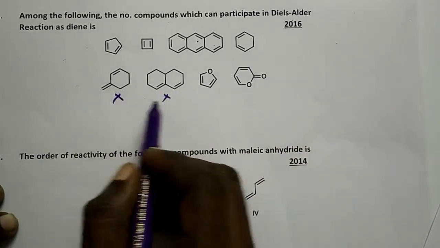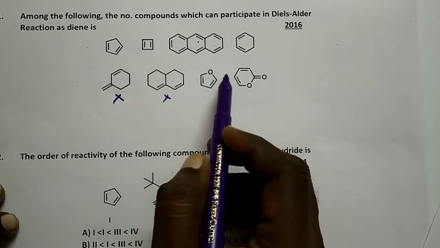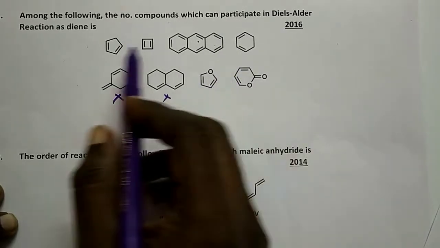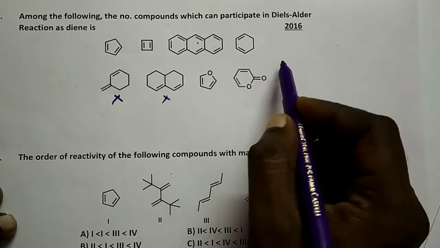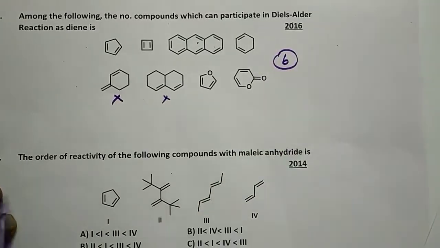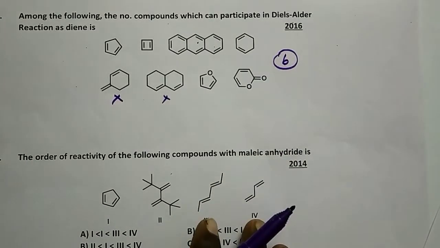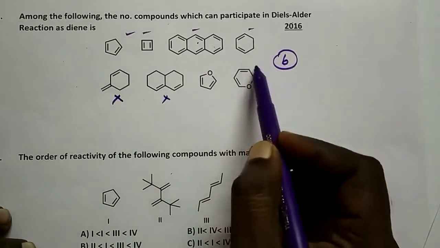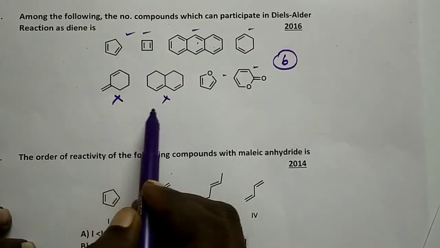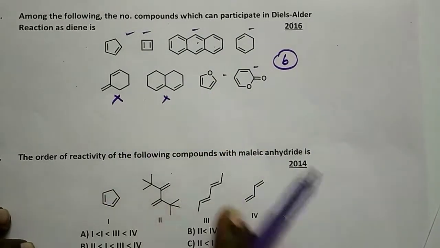All except these two, the remaining six are permanent cisoid. So 6 dienes can take part as diene in the Diels-Alder reaction. These two are permanent transoid and cannot be used as diene.